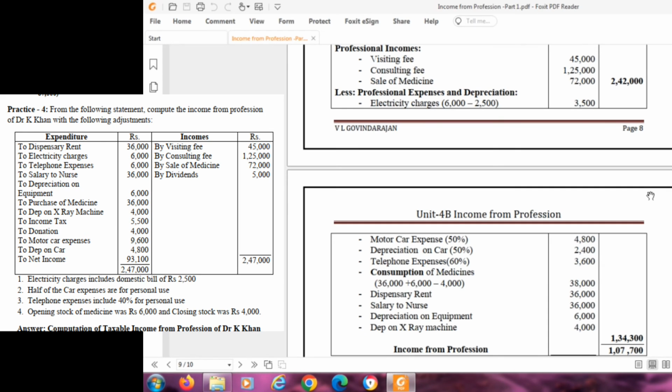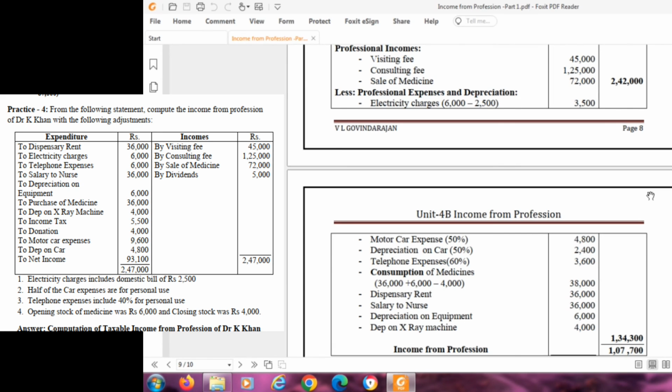Normally, when the books of accounts are maintained on a cash basis, opening stock and closing stock will be ignored. But in this problem, an income and expenditure account was given, so opening stock and closing stock will be adjusted with the purchases of medicine. He is a doctor, so we have to adjust with medicines. Next one.